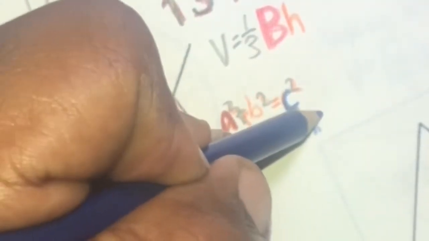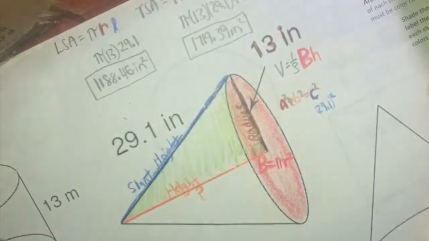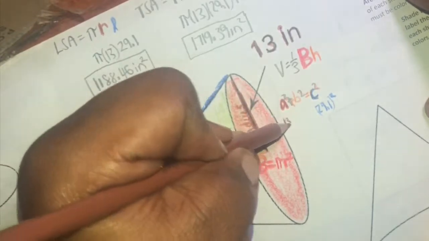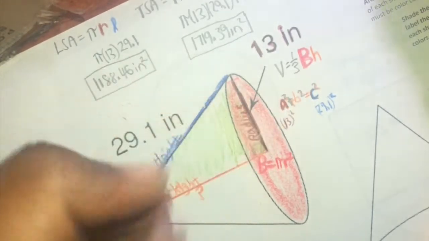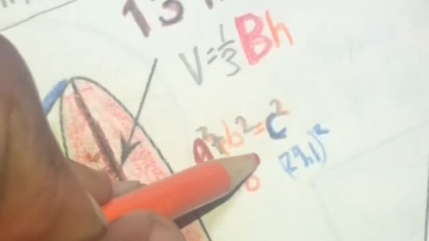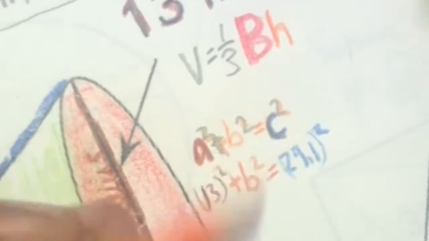So the slant height is 29.1. I have to square that. And then the radius is 13, and I have to square that. And then my B squared, I don't know.